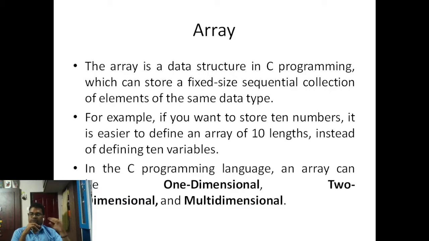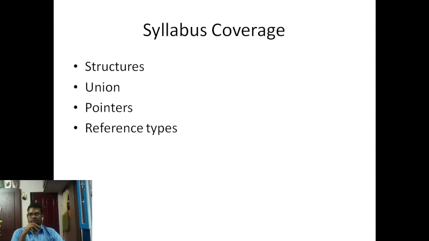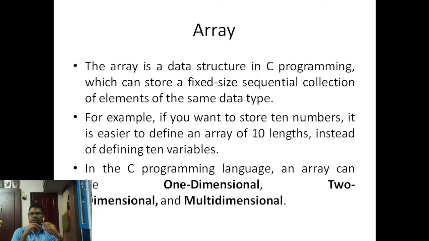First we need to get into array before getting to the original syllabus. The array is a data structure in C programming which can store a fixed size sequential collection of elements of the same data type. The same data type you need to remember. It can hold the same set of elements.